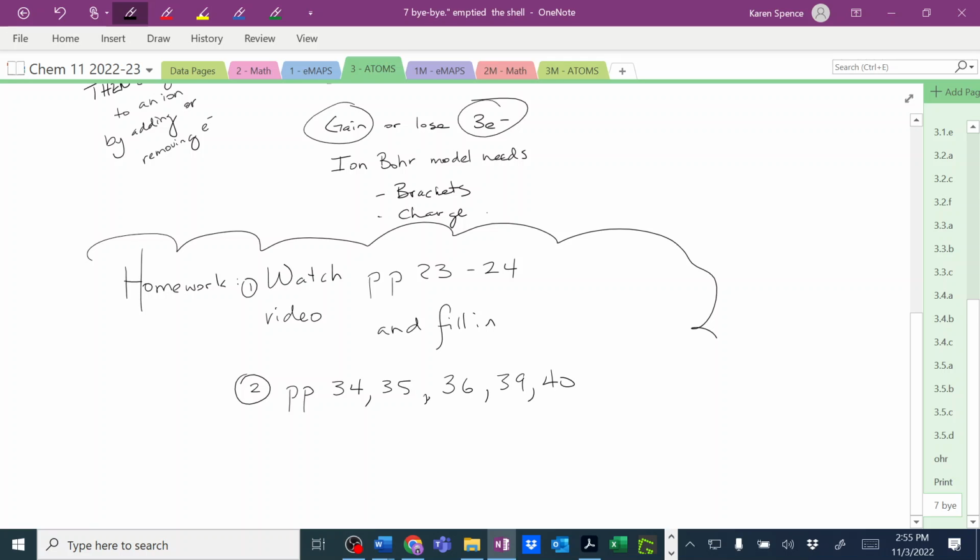Now, if you're like, okay, that sounds like a lot, Miss Spence, do every second question. Do you know what I mean? If it's too much, do every second question. So if you have a lot on this weekend, you know, you've got some event that you need to go to, do every second question. If you've got the time, do them all, right?